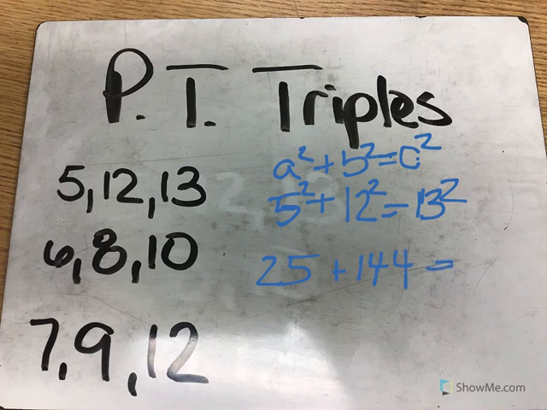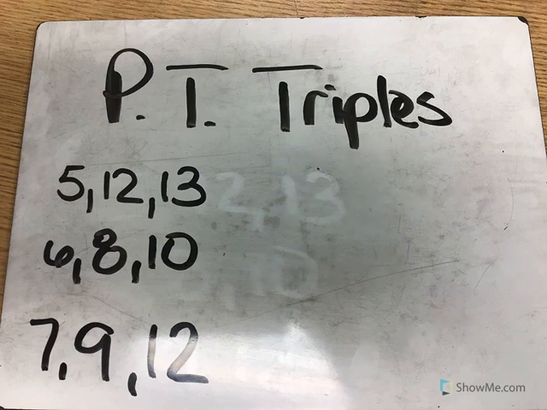And 13 squared is 169. Does 25 plus 144 equal 169? Yes. So it is a right triangle. Again, the two smaller ones, 5 and 12, square them, add them together. Does it equal the larger number when you square it? If it does, it is a right triangle.